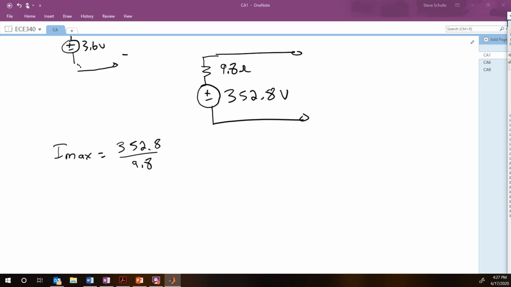So this can put out 36 amps. Well, 36 amps isn't enough. We need 1200 amps. So now I need more current. So what am I going to do?